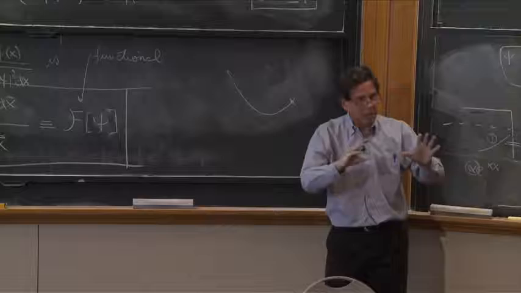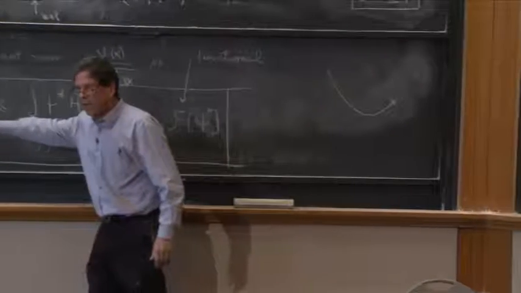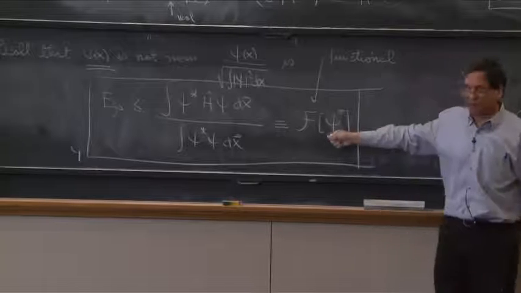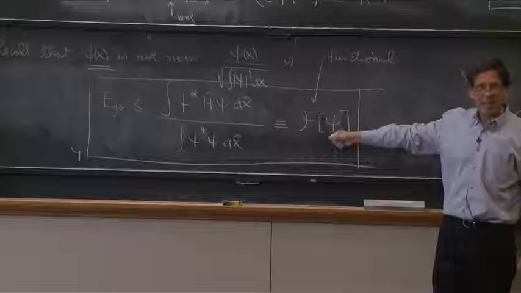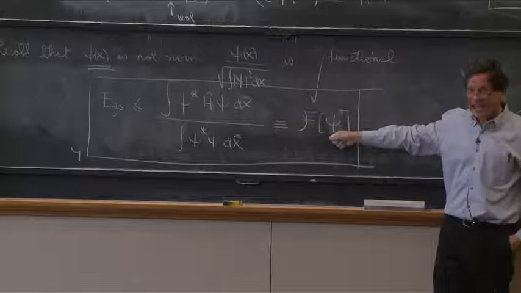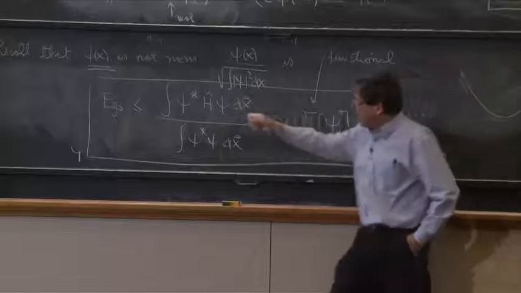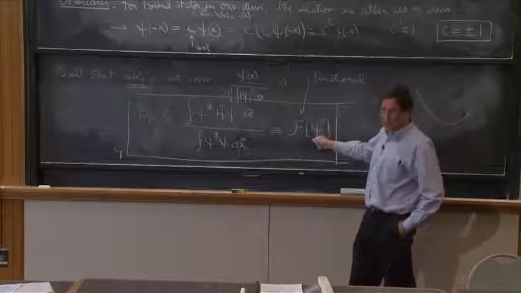So actually, we start to see it. It seems that the ground state energy is the minimum of this functional. And what is interesting as well is that when you get the minimum, you will have gotten a ground state wave function.